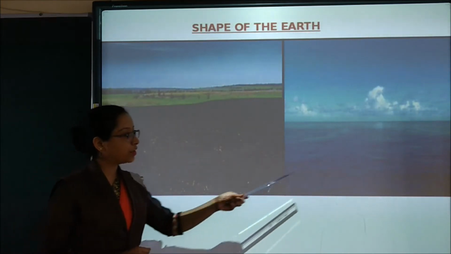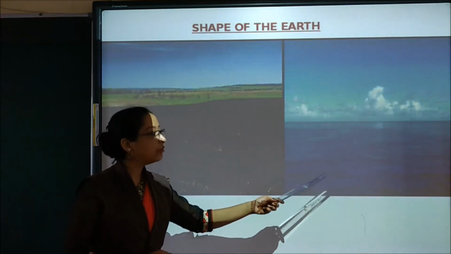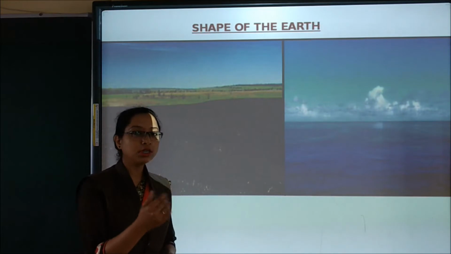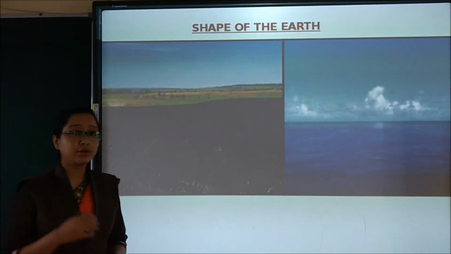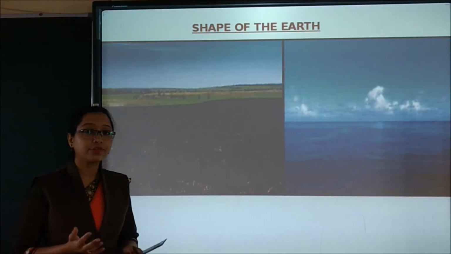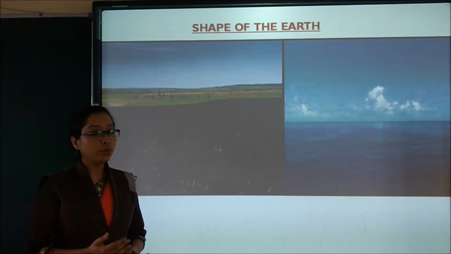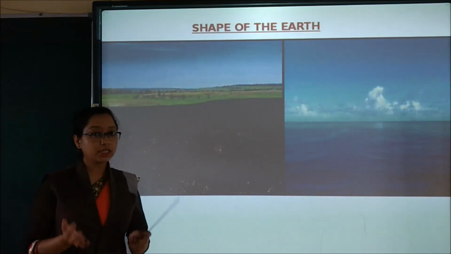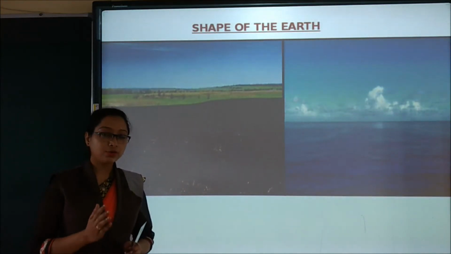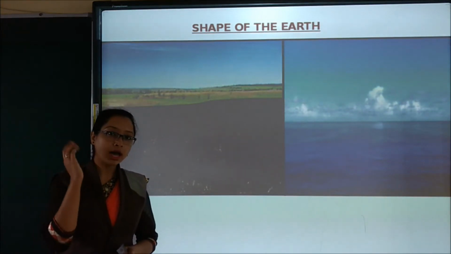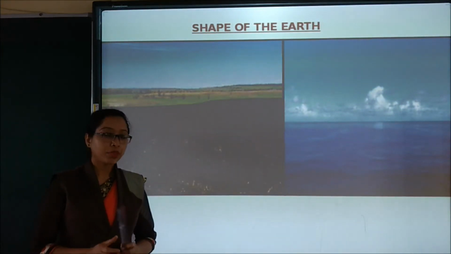Here also, if we are standing in front of the ocean, we can only see for a short distance. So we cannot see the curving surface of the earth. To see the curving surface of the earth, we have to fly or climb high into the sky.